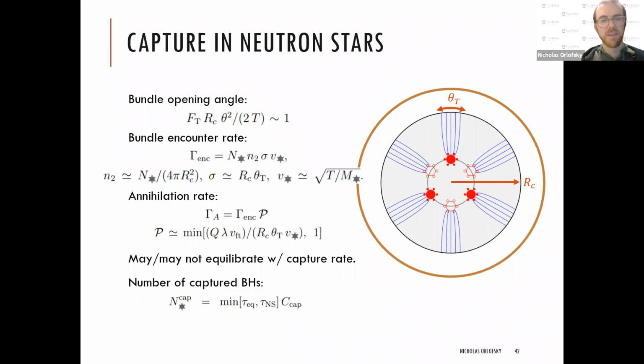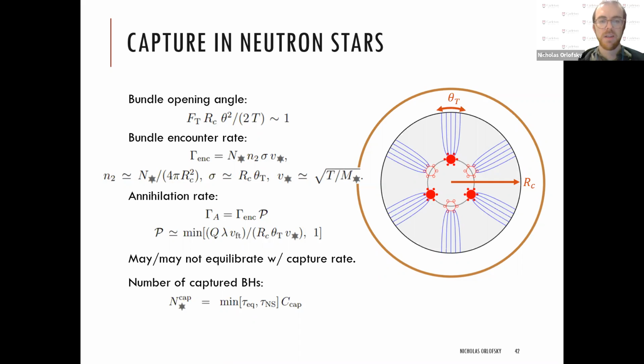So you can estimate how often these sorts of meetings happen. First off, one quantity that you need is the opening angle of the flux tube, which is related to the tension in the tube and the thermal energy the tube has. So how much it's able to spread away from being exactly straight up and down.